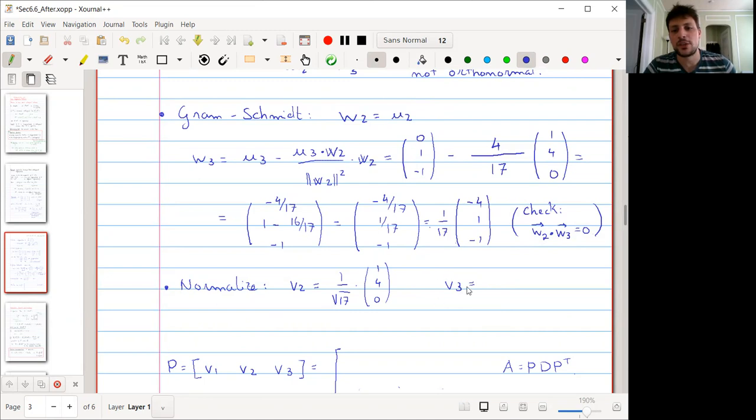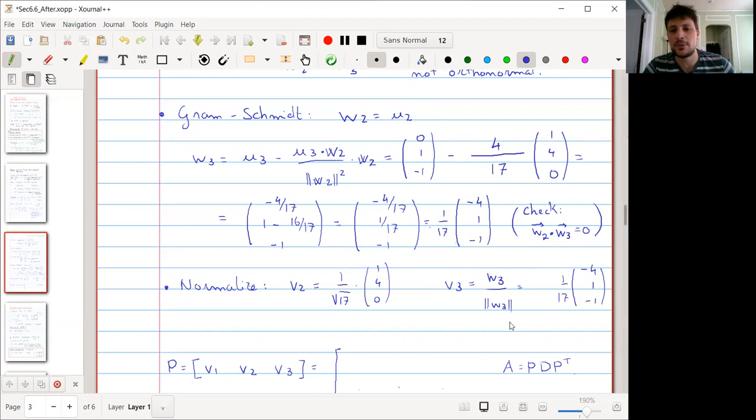So here I'll have to do W3 divided by the length of W3, which will be the vector -4, 1, -1, and then I'll have 1 over 17 coming from the W3 up here.